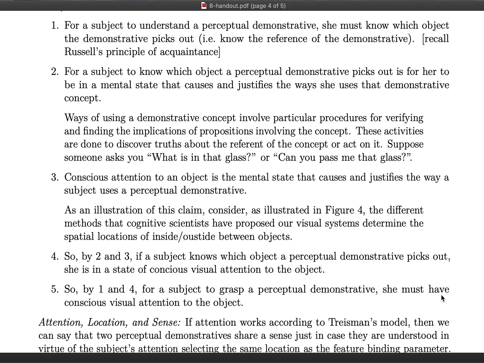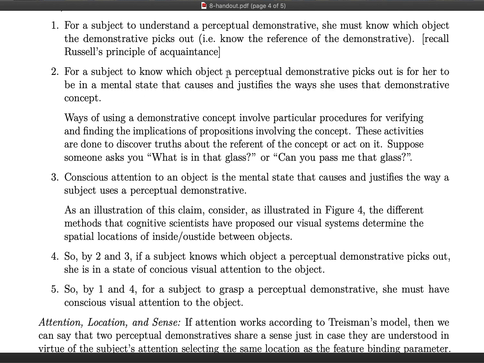For Russell, understanding an expression is to know what it refers to. And this idea here is just a version of that principle, which is that to understand a perceptual demonstrative, you have to know which object the demonstrative picks out.